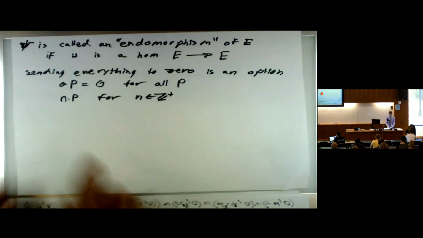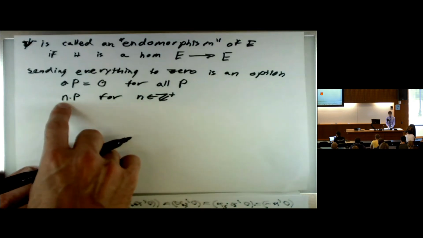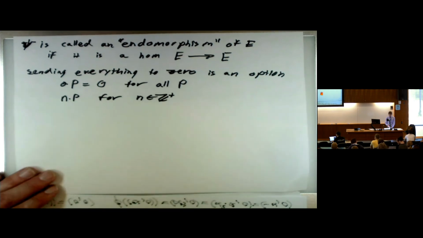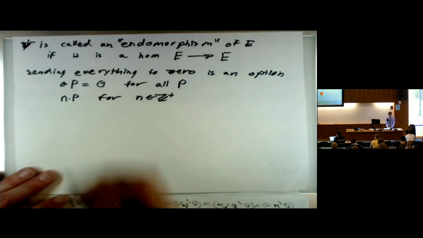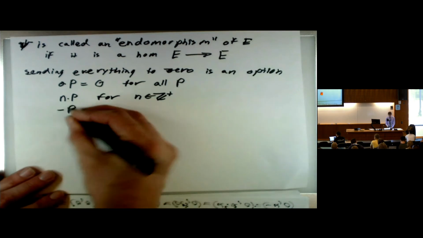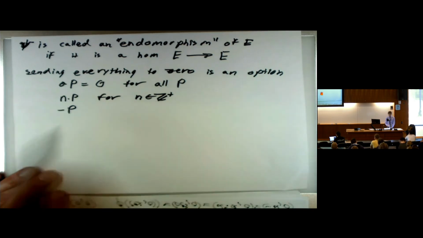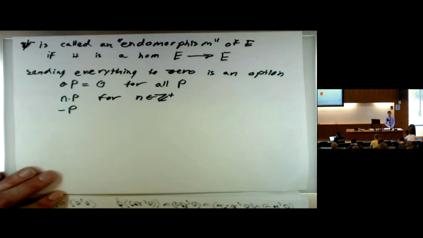For n 2 or greater, we're looking at multiples: doubling, tripling, and so forth. And of course, we have negation, sending a point to its inverse. And so between these two together, we can also get all negative n, right? By composing those.